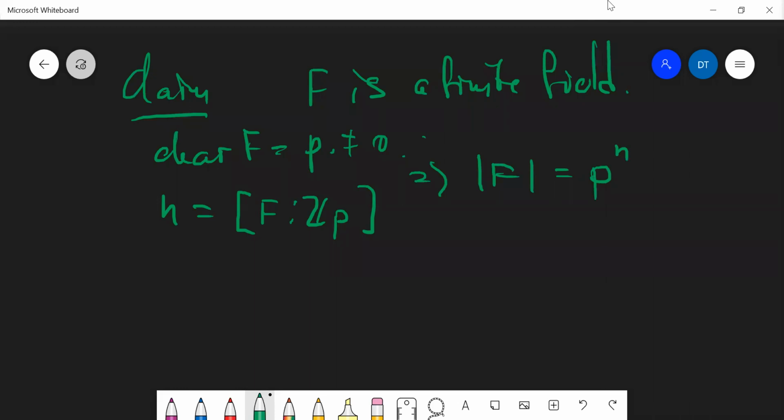Let me repeat the claim. If we have a finite field of characteristic p, then it has p to the n elements, where n coincides with the dimension of F over Z_p. So this is the claim, and let me explain why this is true.